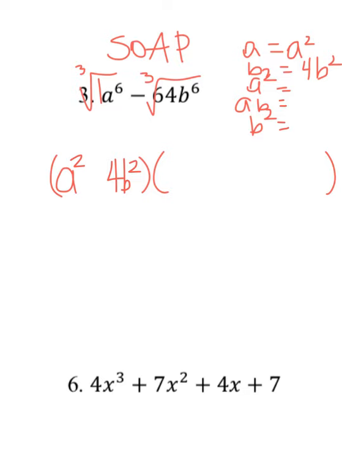So if a is, oh, that's a little confusing. If a is a squared, then a squared squared is a to the 4th. That comes here. A times b, we have a squared times 4b squared is 4a squared b squared.